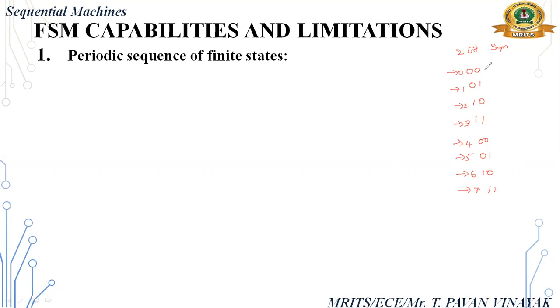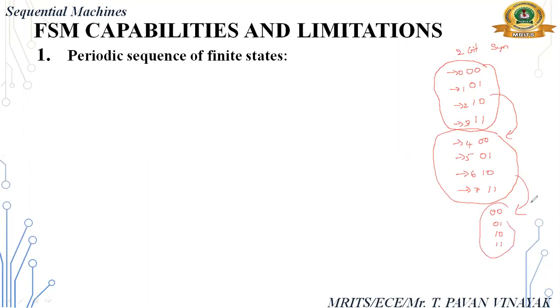So what happened? The same states are repeating. Again we get 00, 01, 10, 11. You already know from signals and systems, whenever a signal is repeated multiple times, we call it periodic.